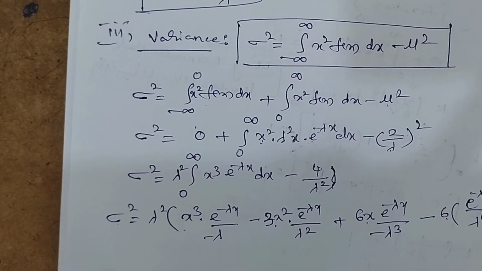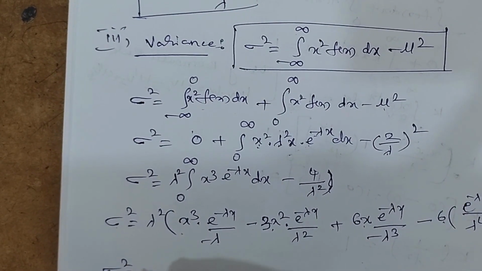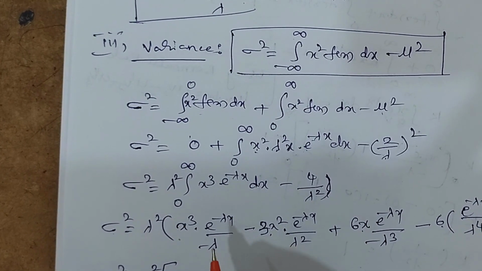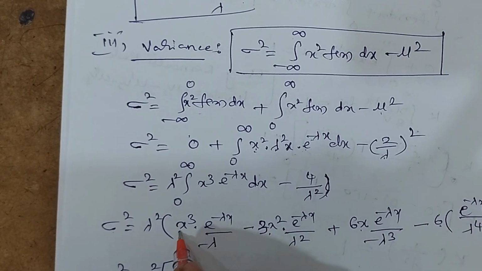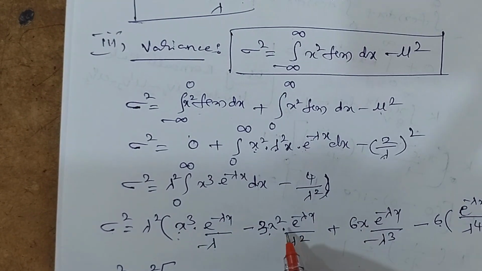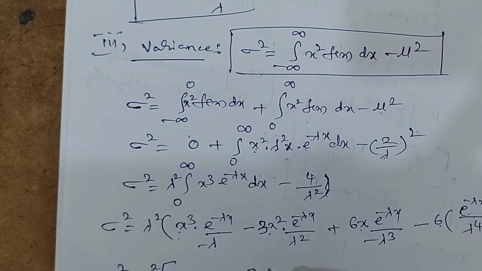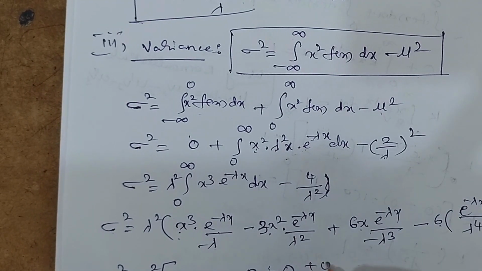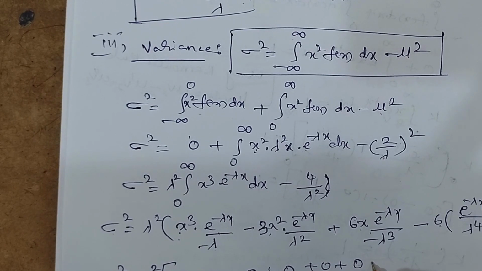So next, simplifying, sigma square is equal to lambda square into lambda square, apply the limits. So applying 0 and infinity, next applying 0 gives 0, next it is also 0, next it is also 0, here also 0, so 0.